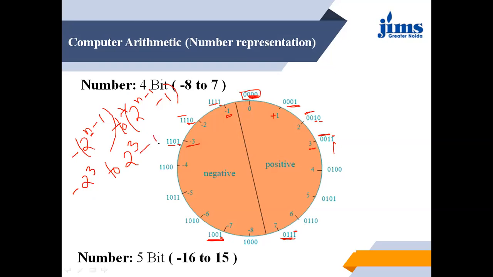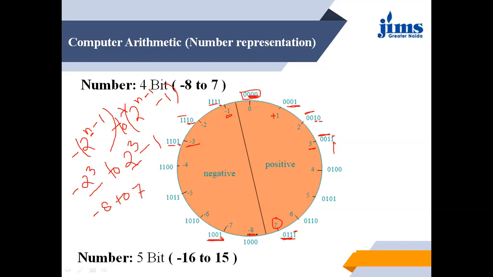So this is minus 8, and 2 raised to the power 3 is 8 minus 1, that is, this is minus 8 to 7. So you can see from here that on the positive side this is plus 7, whereas on the negative side this is minus 8.